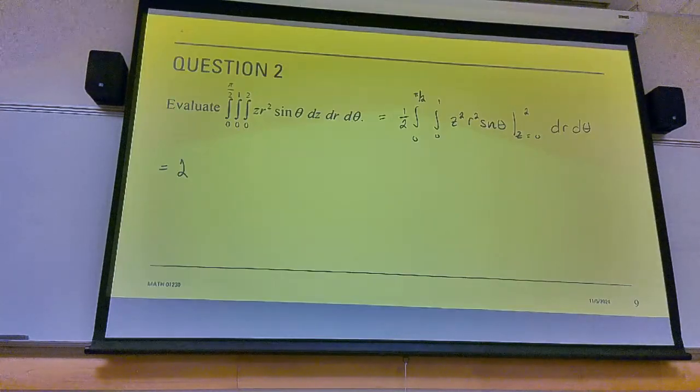What would you have to integrate with respect to next? What is that antiderivative? 1/3 r cubed sine theta. Oh, how nice is that? That just evaluates out to 1, r cubed from 0 to 1 is just 1. That's nice.